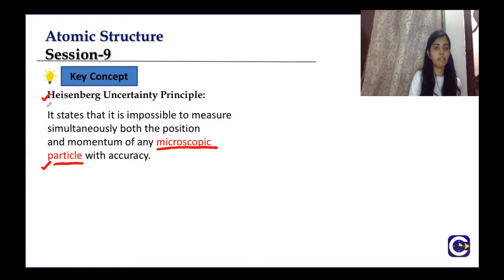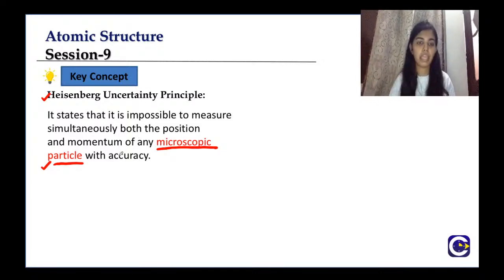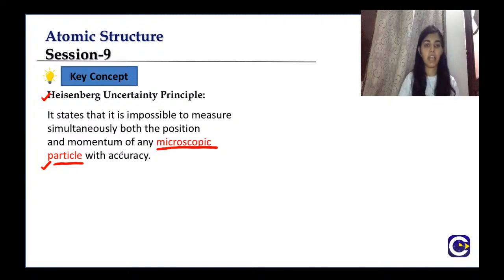But in the case of Heisenberg, his uncertainty principle was limited only to microscopic particles, actually moving microscopic particles, right? So he stated that it is impossible to measure simultaneously both the position and momentum of any microscopic particle, right?